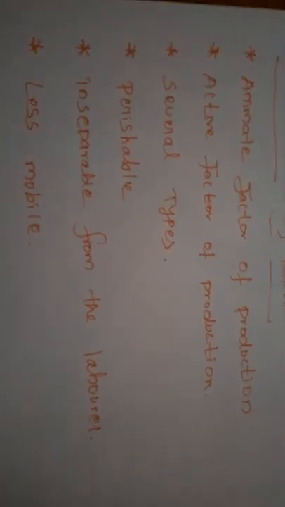The professions done by labor are called intellectual work, and some cheap labor work is considered manual work. Labor is perishable, which means one day he will die, and the productivity of the labor will also decrease in a short time.